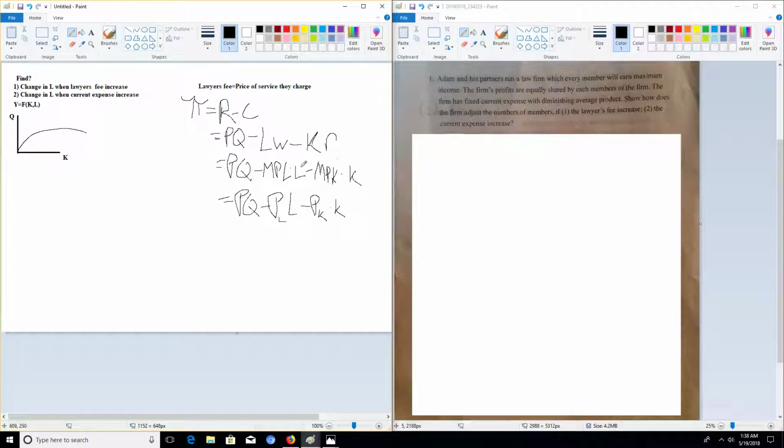Now, why do we not go with this one right here? The reason is that this is a production function, but since they don't say it's Cobb-Douglas, you don't go with it, right?